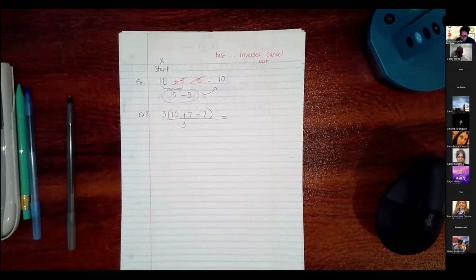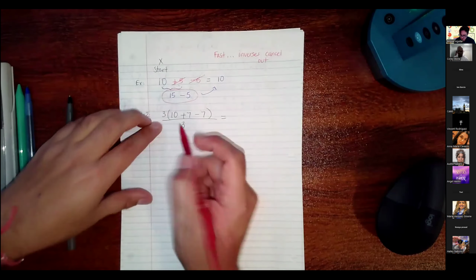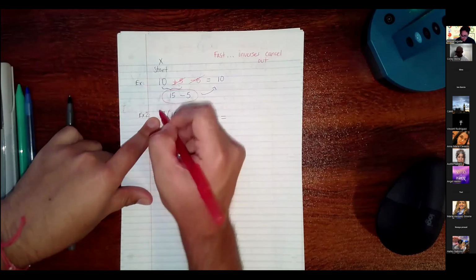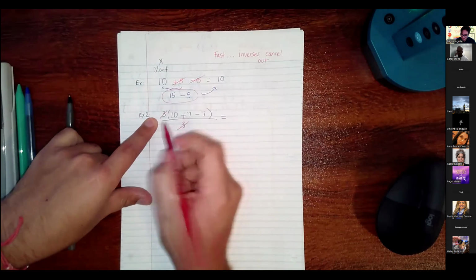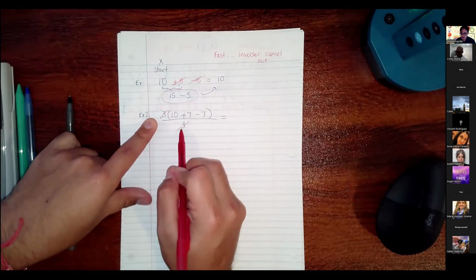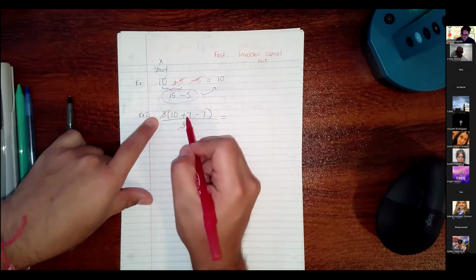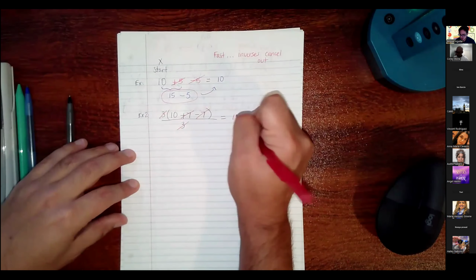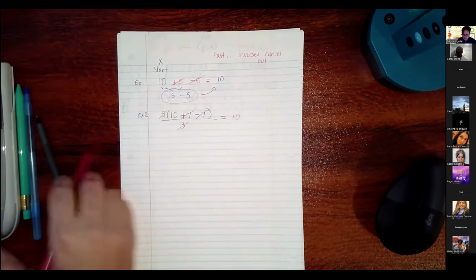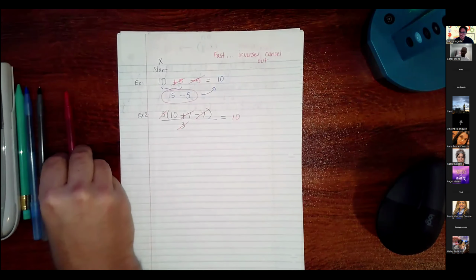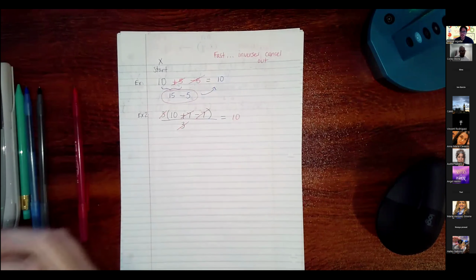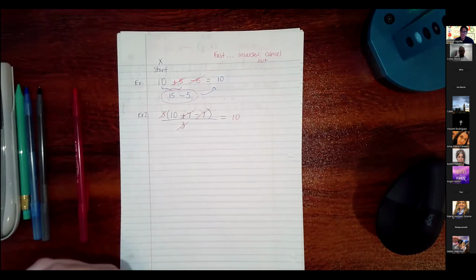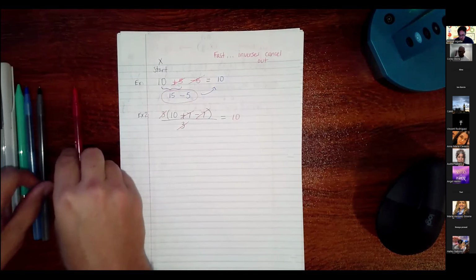Cancel out the 3s and 7s. Yeah. So I know that these common factors will cancel out, or in other words, that multiplying by 3 and dividing by 3 cancel. And then adding 7 and subtracting 7 are inverses. And so I'm left with 10 again, right? So if you recognize that inverses, when you put them together, will cancel each other out, then it makes the work a little bit easier.